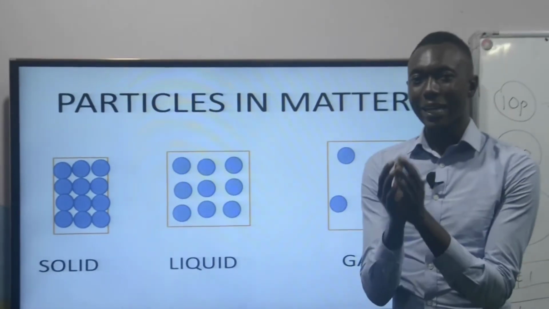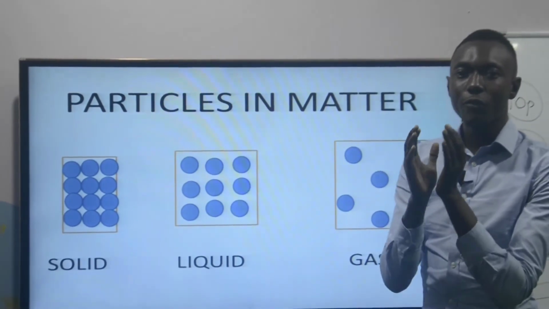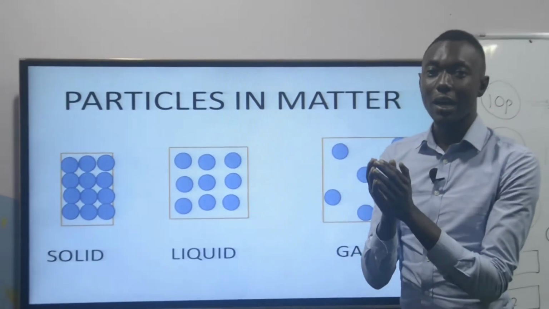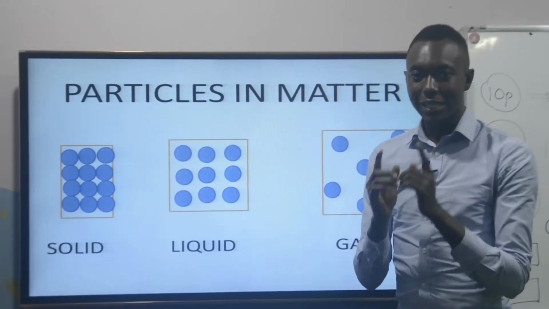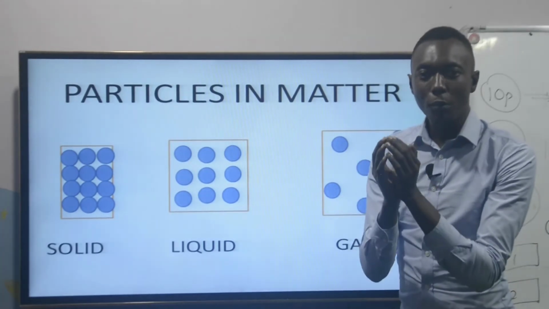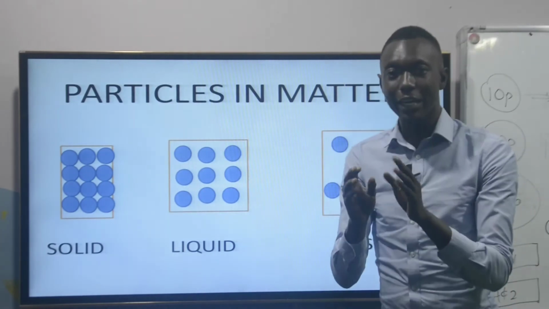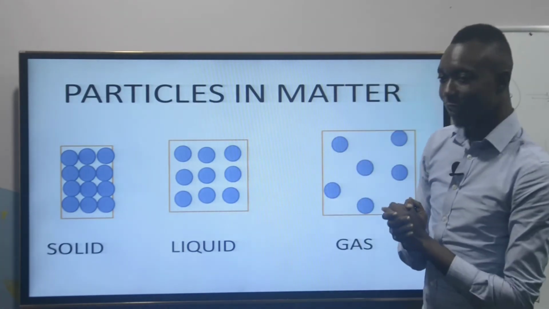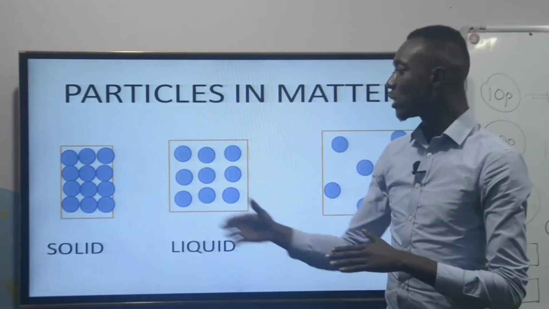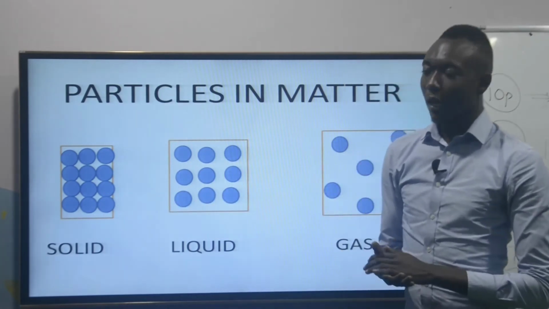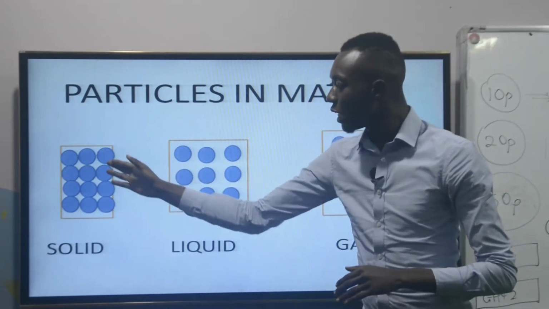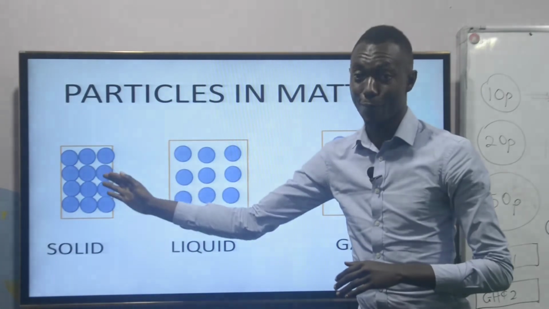Now let us look at how the various states of matter are formed. As I said earlier on, they are formed by several particles that cannot be seen with our naked eyes. Now when you pick any solid, this is how you are going to see the particles in them.